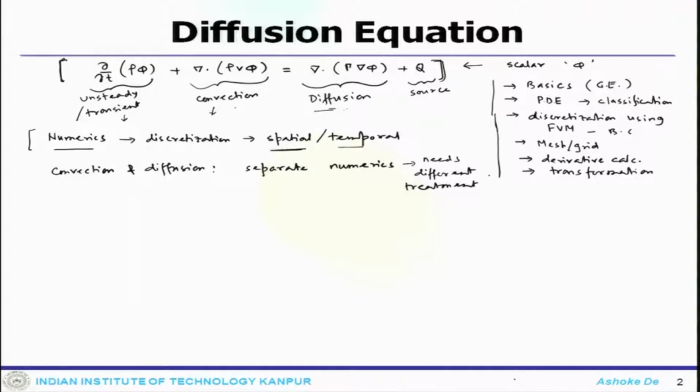So, the discretization pattern would be completely different, and also while dealing with these two terms, you need a different interpolation profile or method. So, you need that kind of situation.